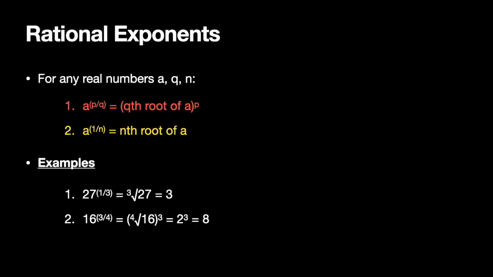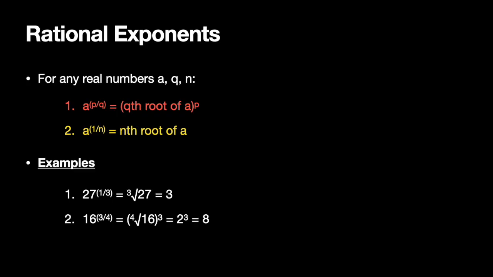So 27 raised to the power of 1 divided by 3. Well, we can simply say that this is the qth root of a all raised to p. And in this case, q is equal to 3 and p is equal to 1.